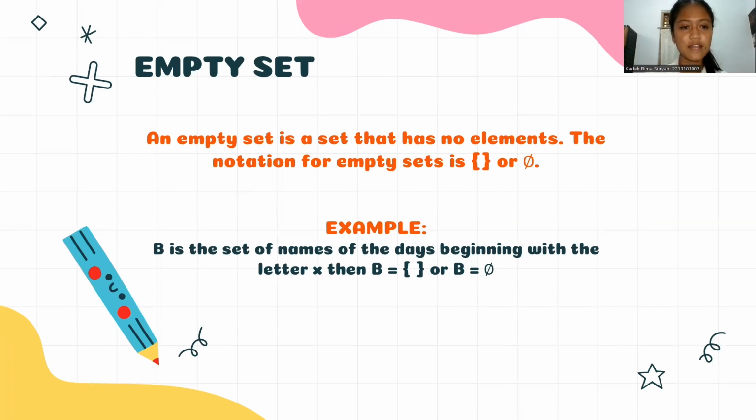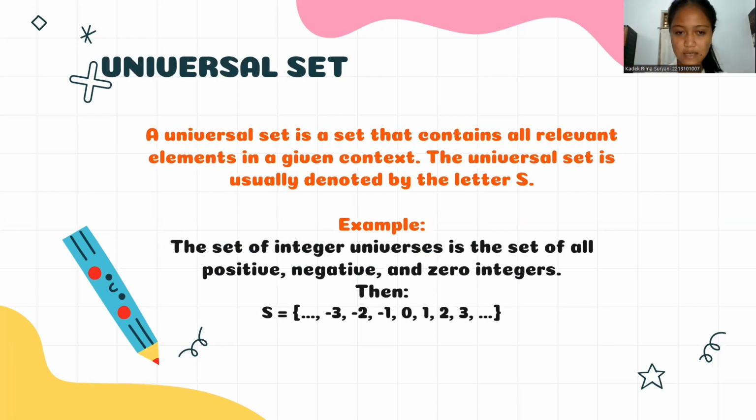Okay, next is the universal set. A universal set is a set that contains all relevant elements in a given context. The universal set is usually denoted by the letter S. For example, the universal set of integers is the set of all positive, negative, and zero integers.